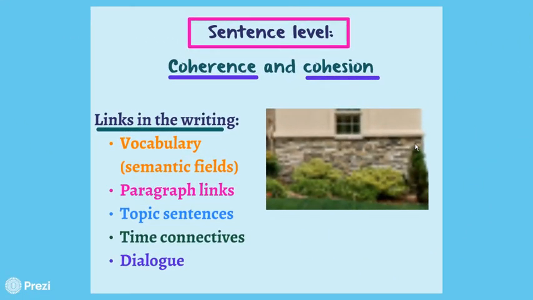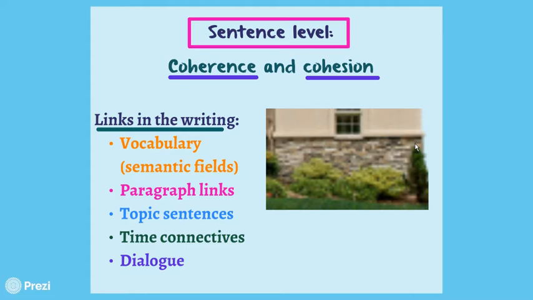Okay, so moving back then to these three categories that you can look at in terms of structural analysis. So we've already looked at development of the text as a whole. Then we've looked at more at a paragraph level and shifts in ideas and perspectives. Now if we zoom down to a sentence level, this is where we're looking at coherence and cohesion devices.